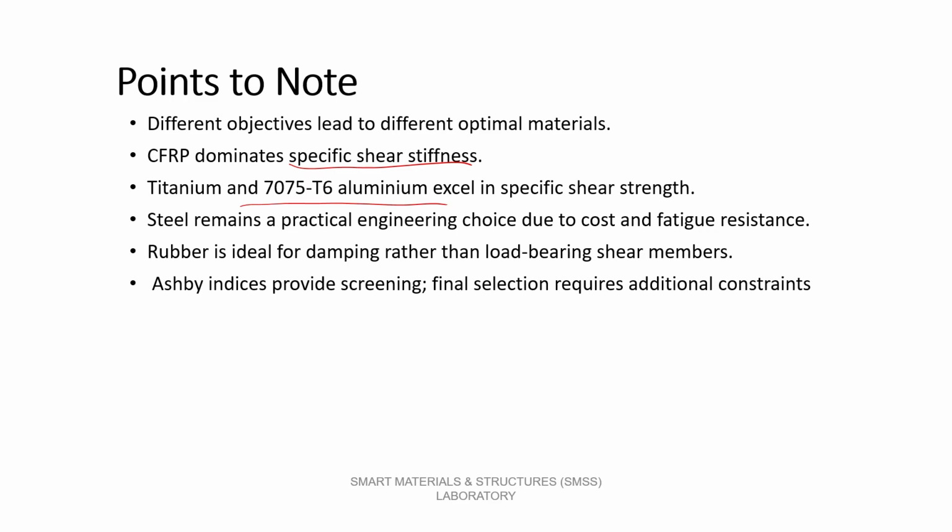Specific means something which is divided by the density. Steel remains a practical engineering choice. Rubber is ideal for damping, so for a coupler it is good, and the Ashby index provides fast screening very well. Final selection requires many additional constraints, which later on, when we do the product by product case study, I will tell you about.